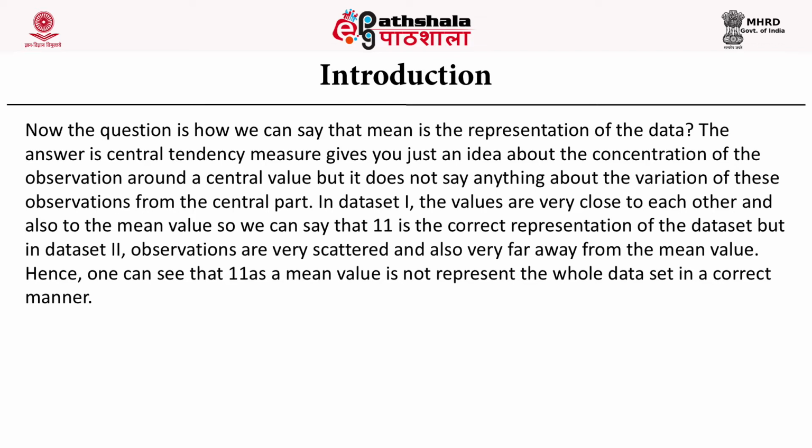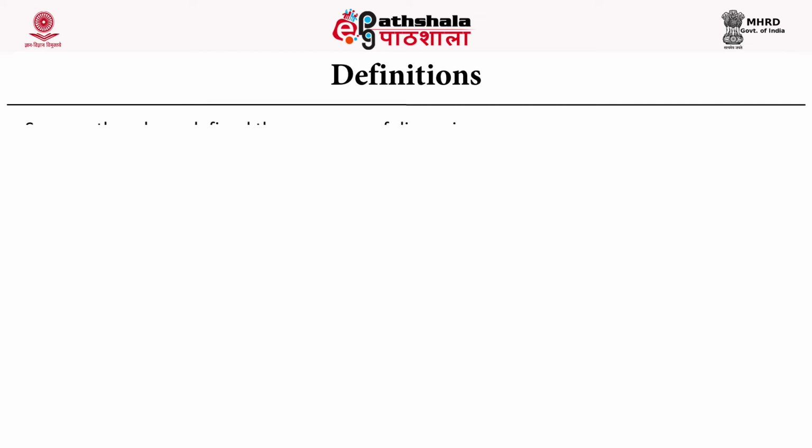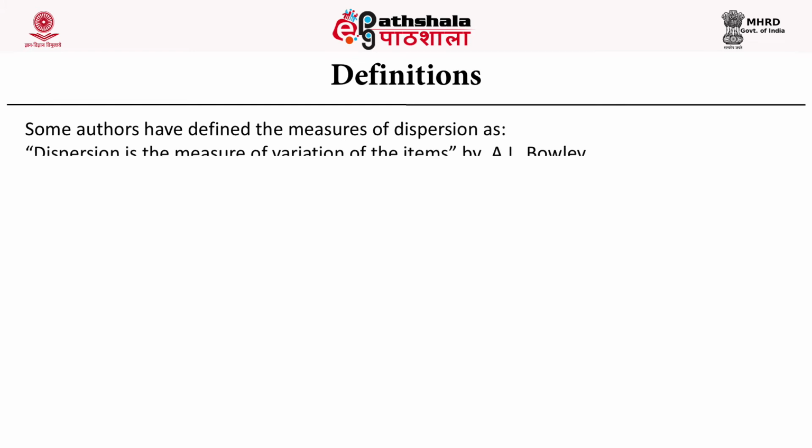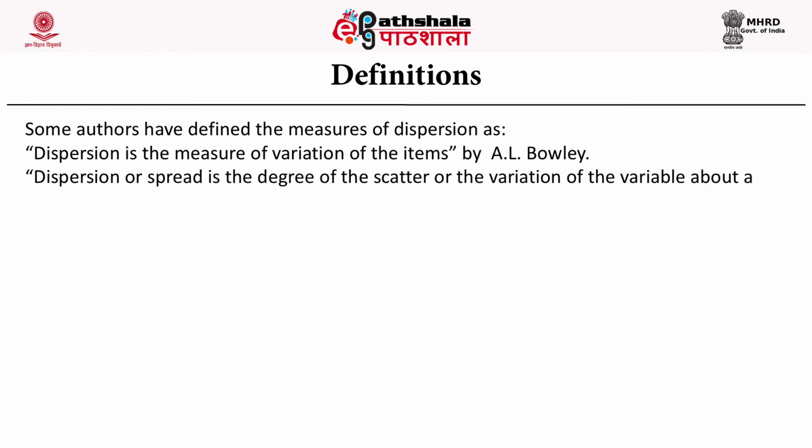But in data set 2, observations are very scattered and also very far away from the mean value. Hence, one can see that 11 as a mean value does not represent the whole data set in a correct manner. To overcome this problem, we use measures of dispersion.